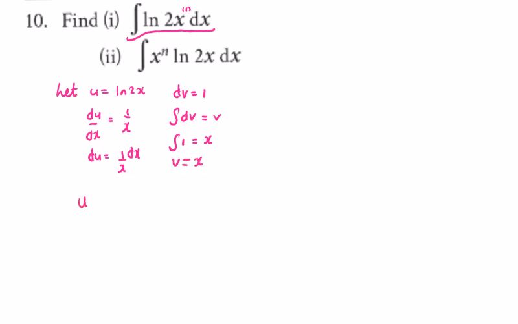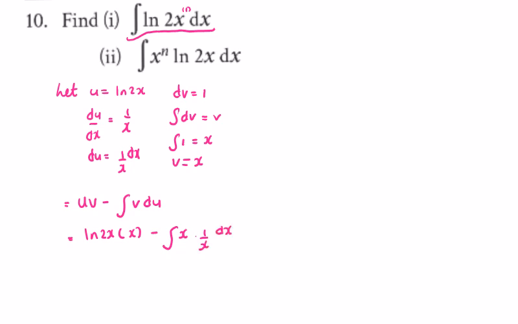So my solution, uv minus the integral of v du, is going to be equal to u, which we said was ln 2x, times v, which is x, minus the integral of x times the u, which is 1 over x dx.